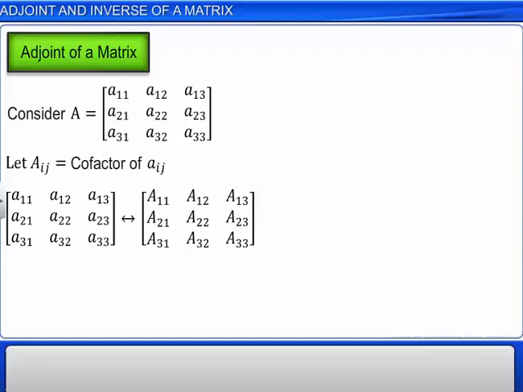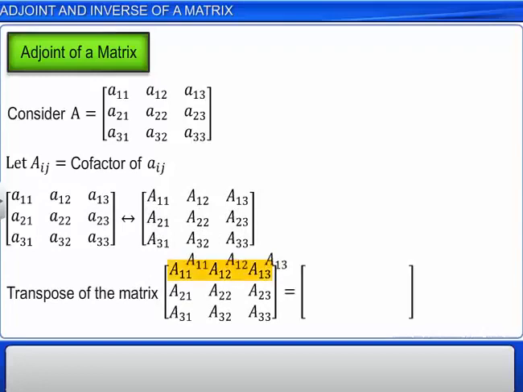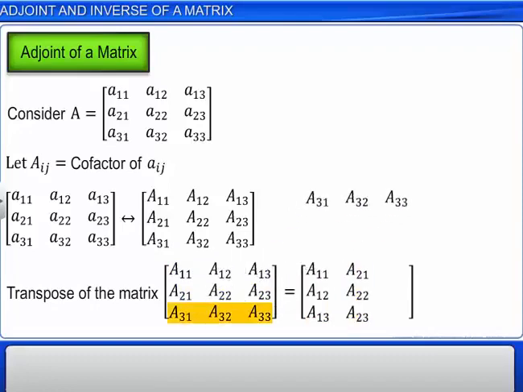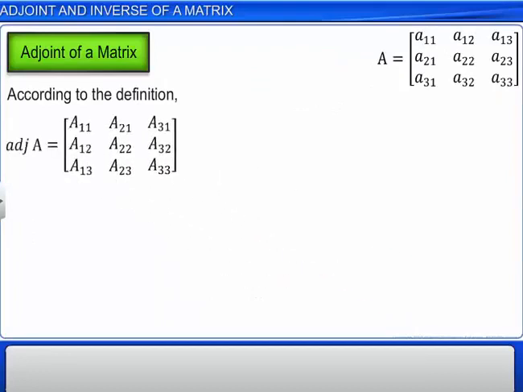The transpose of this new matrix is known as the adjoint of the given matrix A. Hence, the transpose of the matrix obtained by replacing the elements of a square matrix A by the corresponding cofactors is called the adjoint of matrix A. It is denoted as shown.